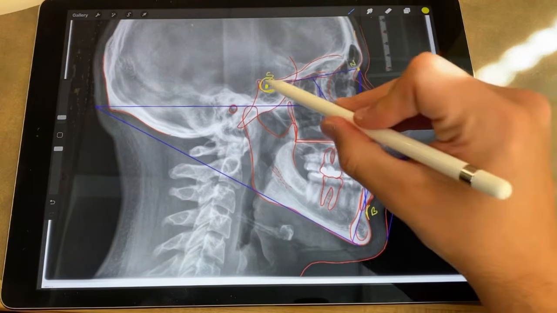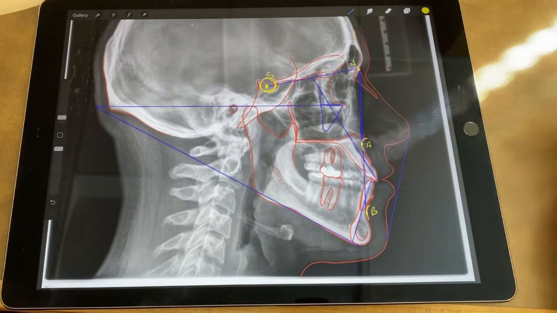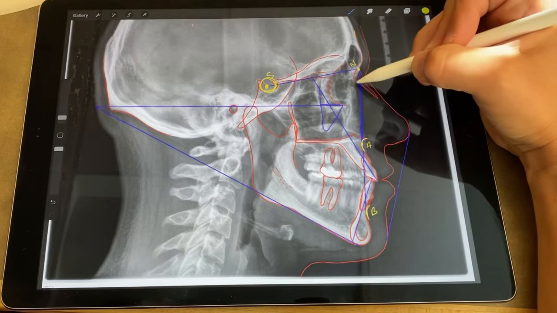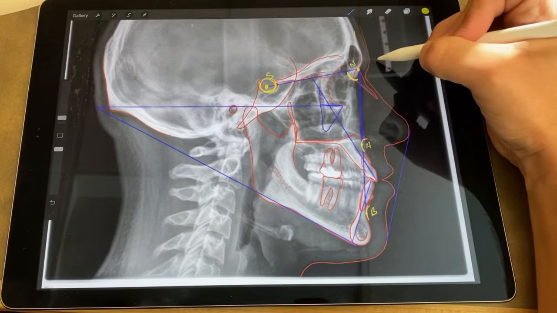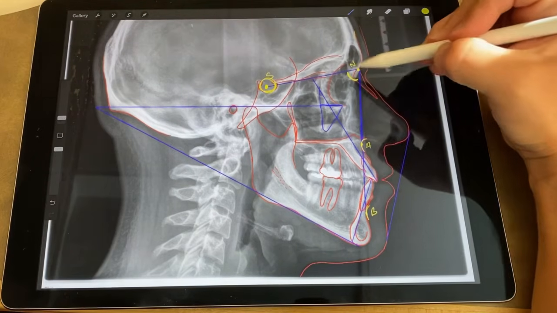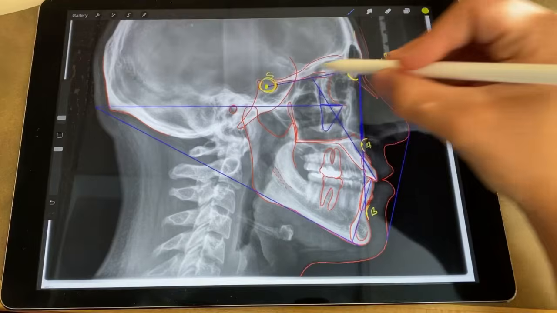Now if I draw these lines in between, I can start to create some geometry where I can see these actual angles. I could measure this angle right here, which I could say is 80 degrees. I'd use a protractor and measure it very accurately. And then I'd also measure the SNB.